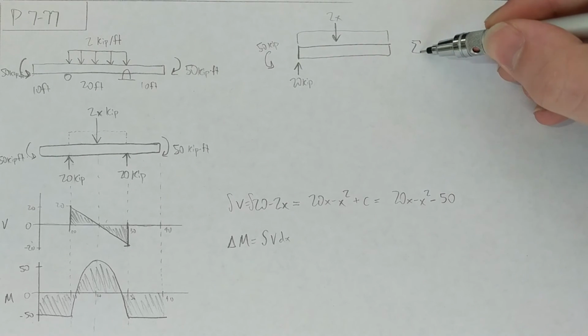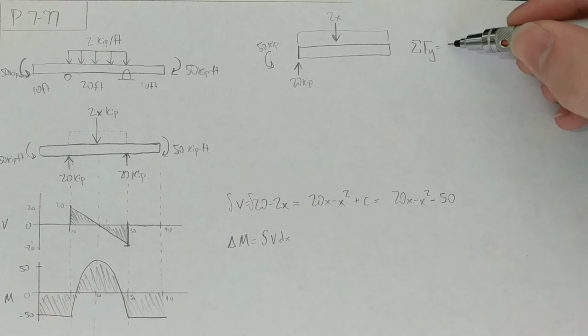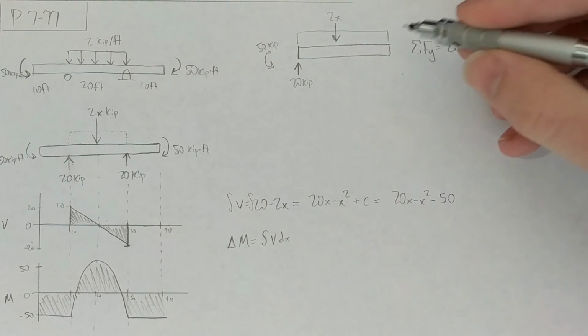If we sum in y, we get 20 minus 2x minus v equals 0, which gets us our v equals 20 minus 2x, okay? And if we, am I off the edge? Yeah, I'm off the edge, all right.